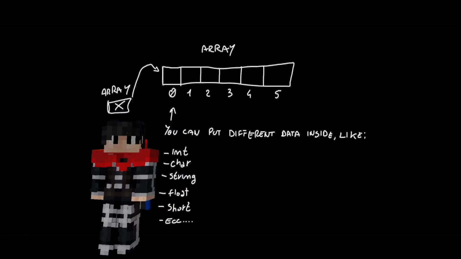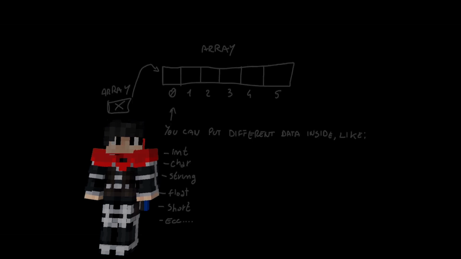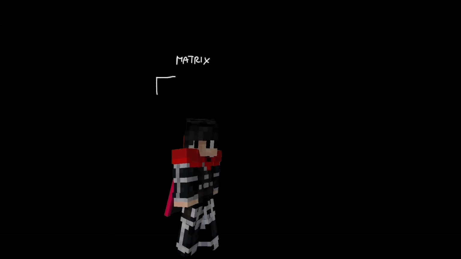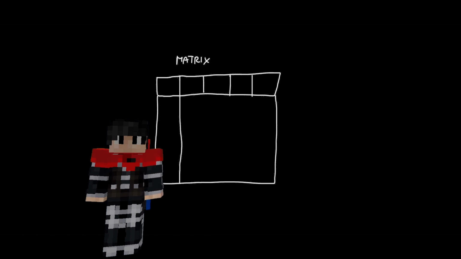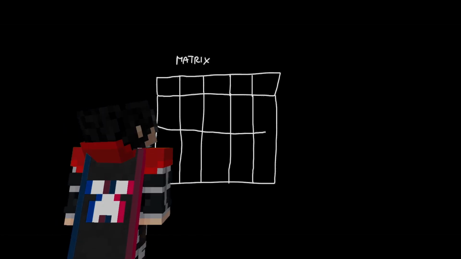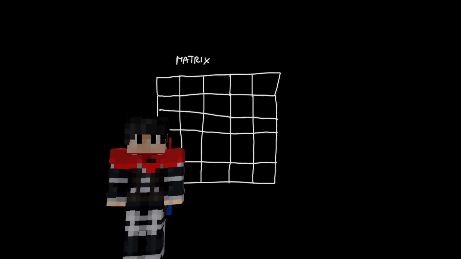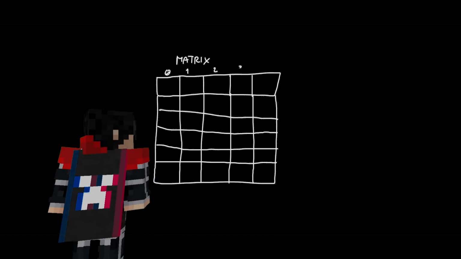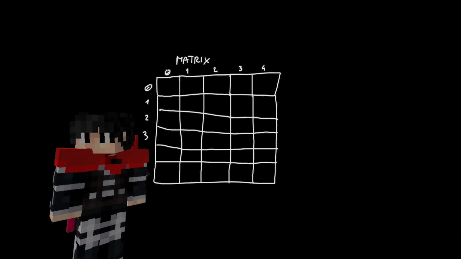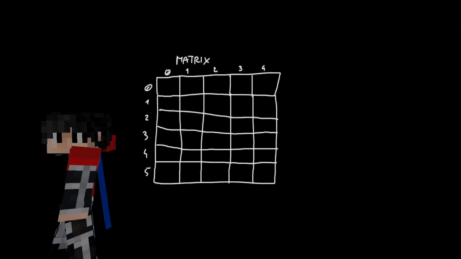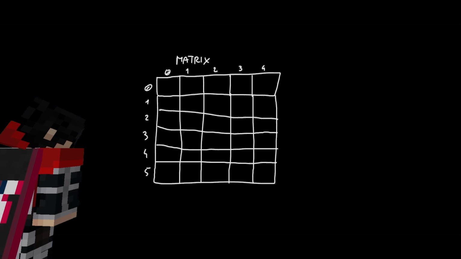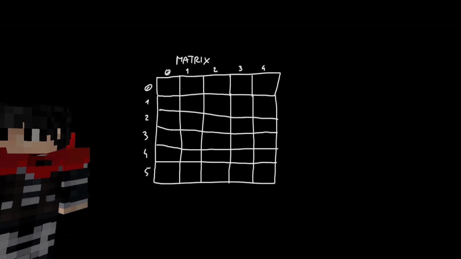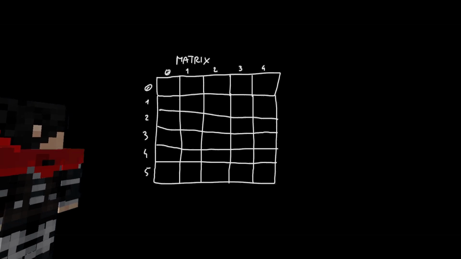But there is another array called matrix or multidimensional array, which is the same thing but is not only on the width but also on the height. So if you take a look at this example, you can see that it's more like a map, essentially. And with that we can make our grid, which is essentially our map, where we're going to generate our dungeon.